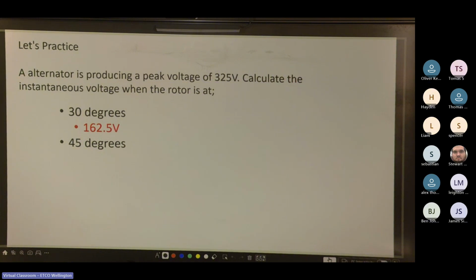229.81. All answers to 2 decimal places.